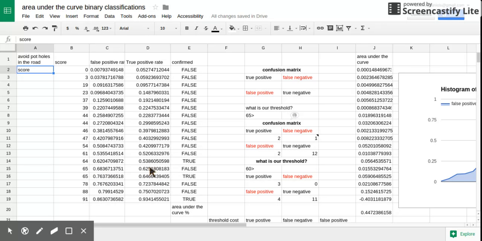And in this case, I've got 18 or so scores here, and I have my false positives, my true positives, and then I have my confirmed.